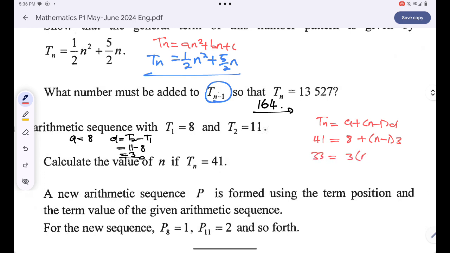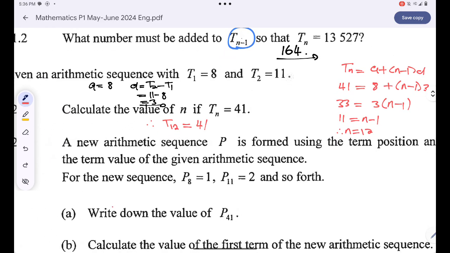This will be 3 times the bracket, and then I can divide both sides by 3, and that will give me 11 is equal to n minus 1. Therefore, n is equal to 12. I can therefore conclude that the 12th term of the sequence is the one which is equal to 41. Let me write neatly. T12 is equal to 41.